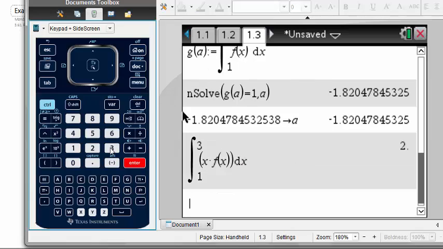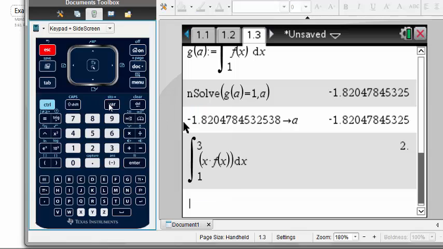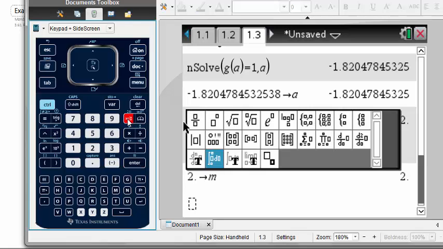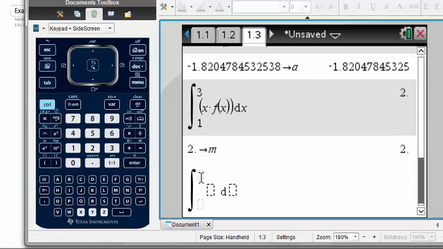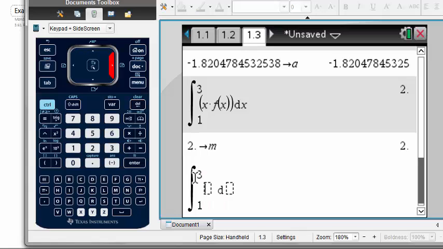And we get that the mean is 2, and I'm going to store this value as some letter. I'll call it m, which is saved over the top of whatever I had saved as m before. And now to calculate my variance, that formula says we take the definite integral from 1 to 3 of x minus the mean squared.